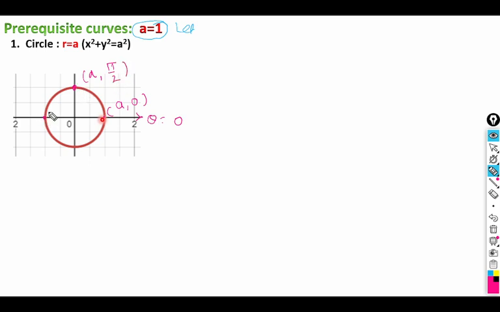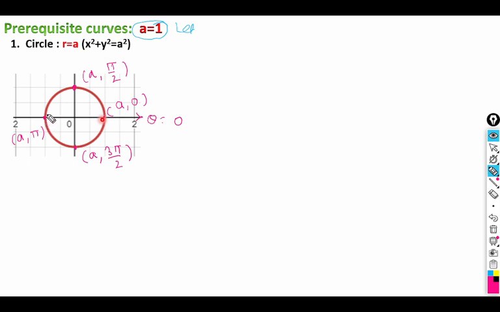This point has r equal to a only, and a comma pi, and the last point is r equal to a, theta 3 pi by 2. So these are the coordinates of the points in polar. Okay, so you should not think it is minus a comma 0. Minus a comma 0 is correct provided you are in the xy plane.